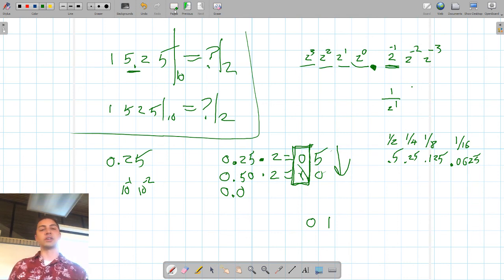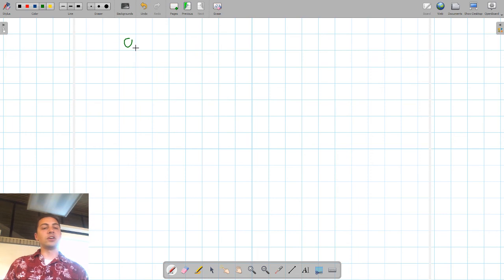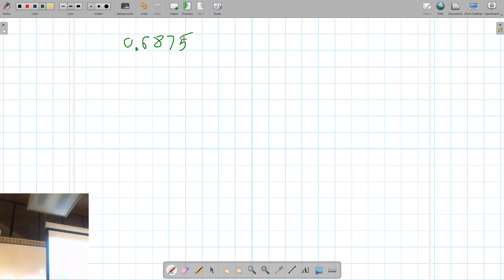Let's take a larger example. I'm going to cheat: 0.6875. If you want to follow along with me, 0.6875. So to deal with this, I start by multiplying it by 2.